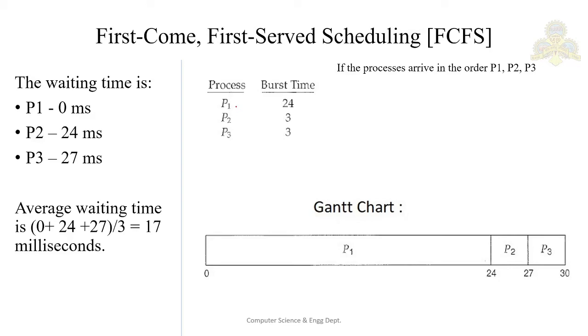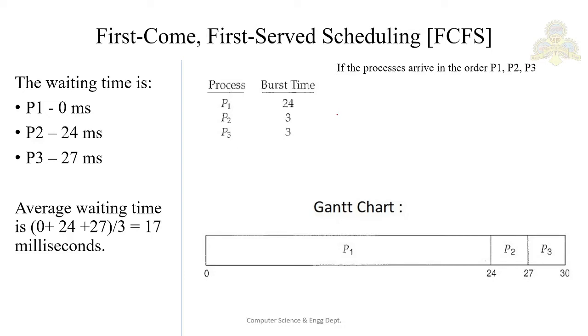So P1 has a burst time of 24, that means process P1 requires 24 milliseconds to complete its execution. P2 and P3 have 3 and 3 milliseconds, that means both require 3 milliseconds to be executed.